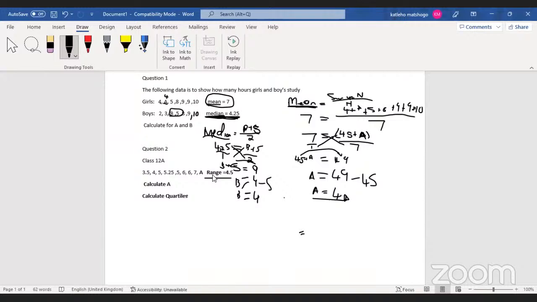We are given the mean, we use the mean formula to calculate for A. We are given the median, we use the median calculation to calculate for B. So now here we are given the range. So if we are given the range, we're going to use the range formula to calculate for what? For A. Are you getting where I'm going now?